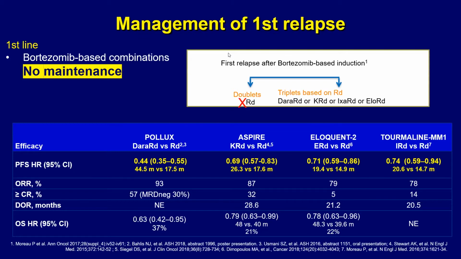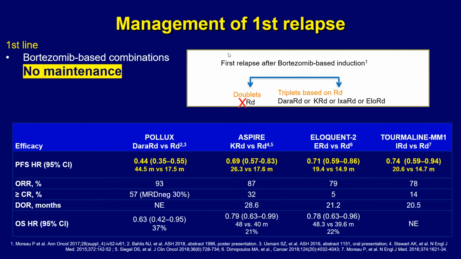We can find 0.44, with 44.5 months versus 17.5 months, with an overall response rate of 93% and duration of response not evaluable. At the same time, overall survival hazard ratio 0.63 with 37%.